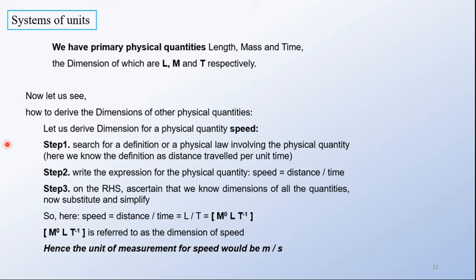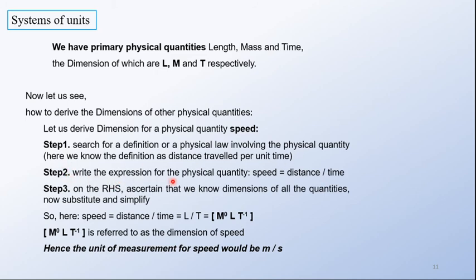So general steps, step number one, search for a definition or a physical law involving the physical quantities. In this case, we know that the definition of speed as the distance traveled per unit time.